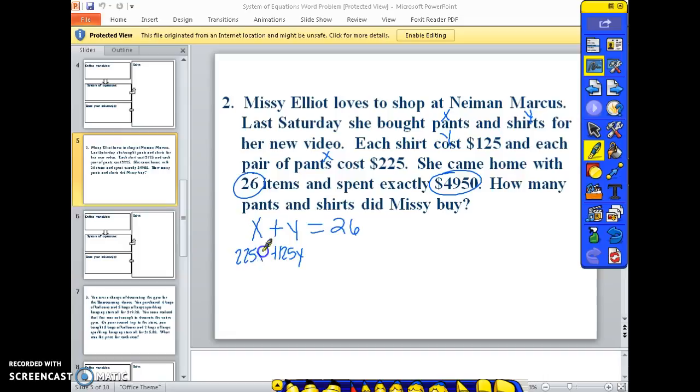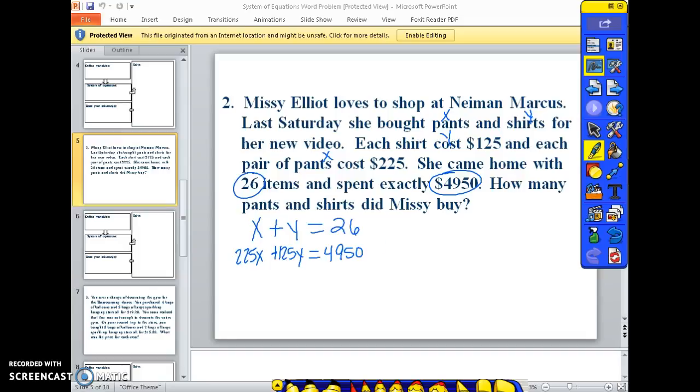Make sure you put the cost. She spent a total of $4,950. Again, you can do either substitution or elimination. Because of how it's set up, it's already in standard form. I'm going to stick with elimination.